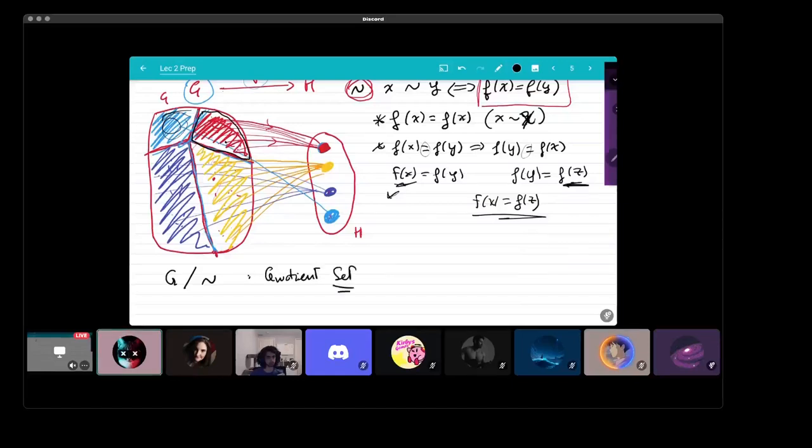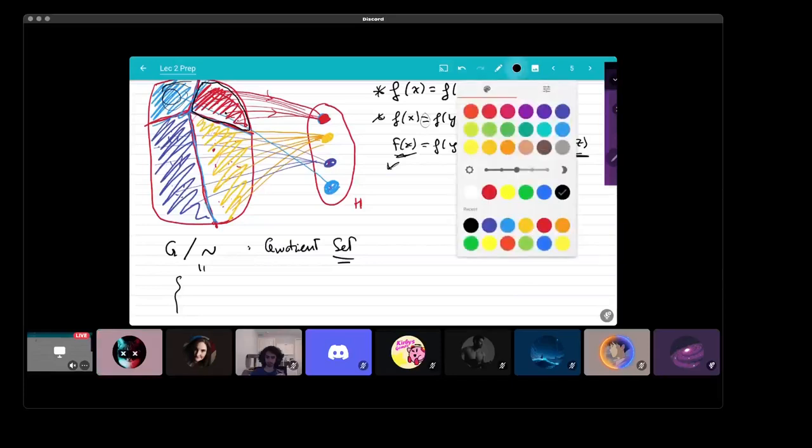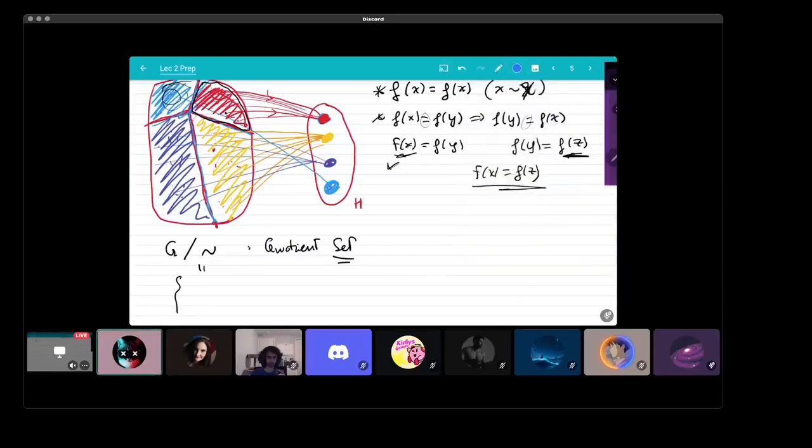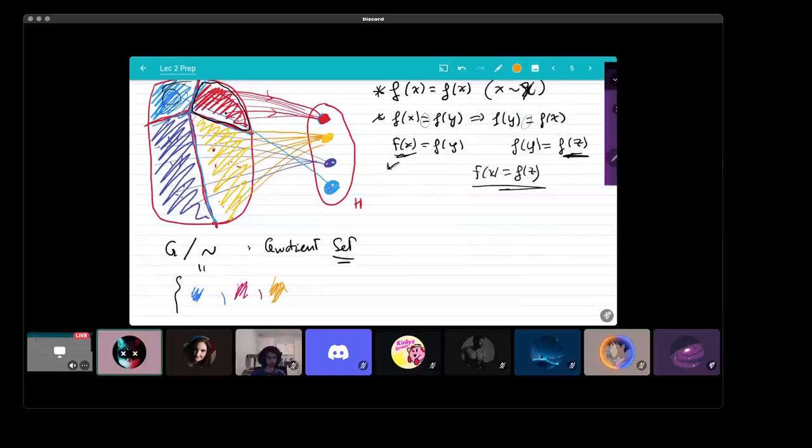It's not necessarily a group because we're not sure to have a law yet on this set, but this is the set of basically the blue part, the red part, the yellowish thing part, and the other blue.